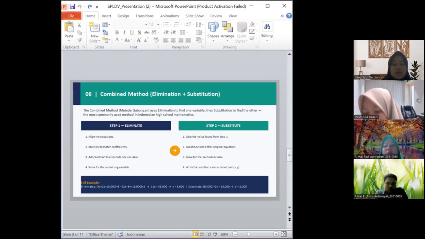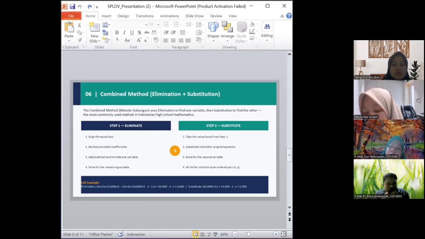To eliminate y, we multiply equation 1 by 5 and equation 2 by 2. That gives us 15x plus 10y equals 65,000 minus 4x plus 10y equals 32,000. Subtracting, 11x equals 33,000.